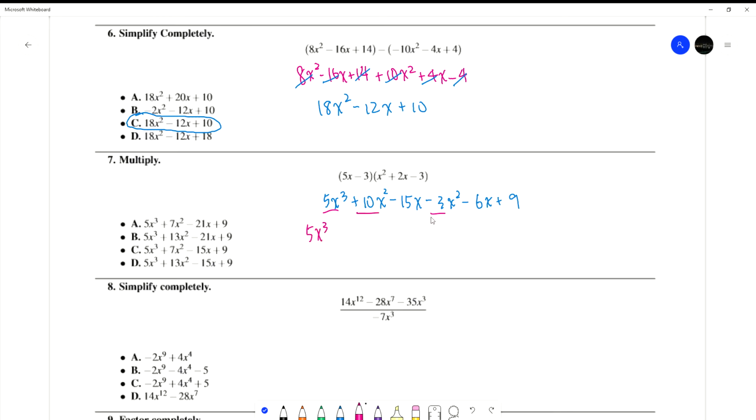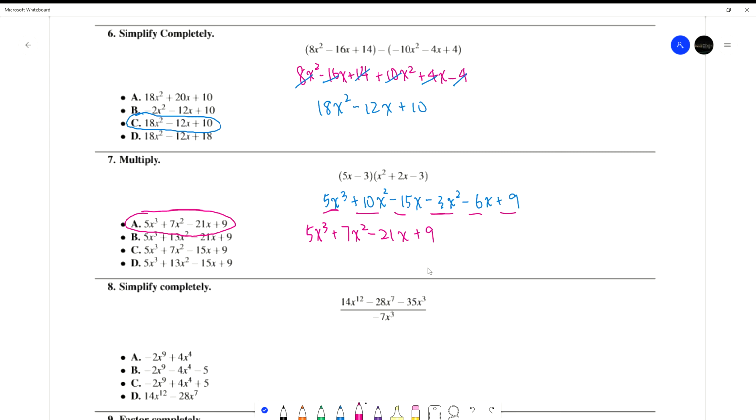Then you have 10x squared minus 3x squared, which is plus 7x squared. And then minus 15x minus 6x is minus 21x. And then lastly, plus 9. So 5x cubed plus 7x squared minus 21x, that gives us A as our answer.